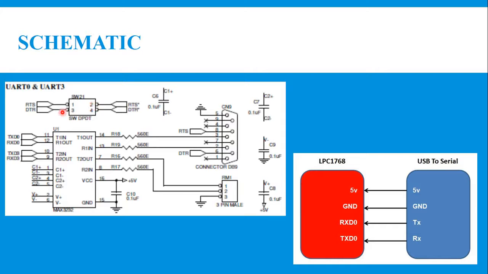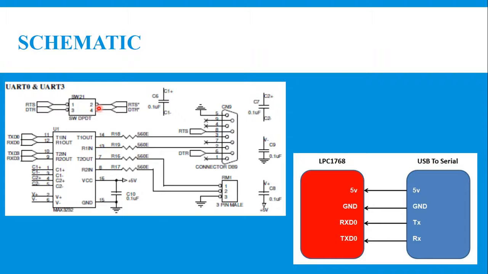Suppose the switch is in the on condition, that means both towards RTS and DTR, which are request to send and data terminal ready. If both are towards 2 and 4, then you can download the program from USB to the hardware.